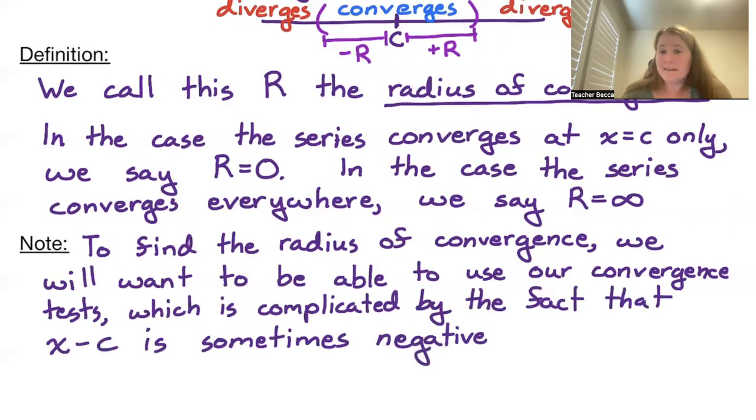And a sub n as well may be negative. So we get a rather nice theorem that allows us to work around this complication.